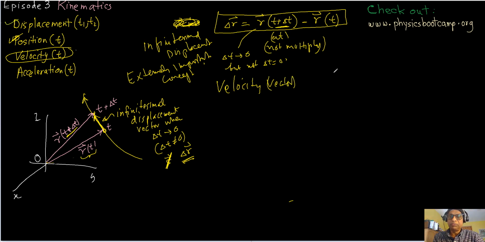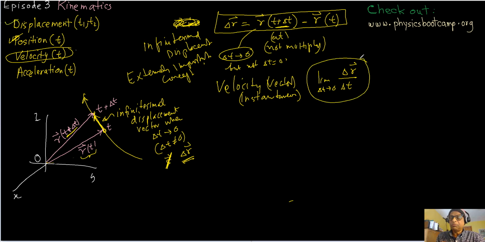We're going to use the letter v for it. We are going to call it instantaneous velocity, which is how fast something is moving. So I have this much displacement in that much time, and we have infinitesimal time. So we say limit delta t goes to 0, and this is whatever it will come out to be.